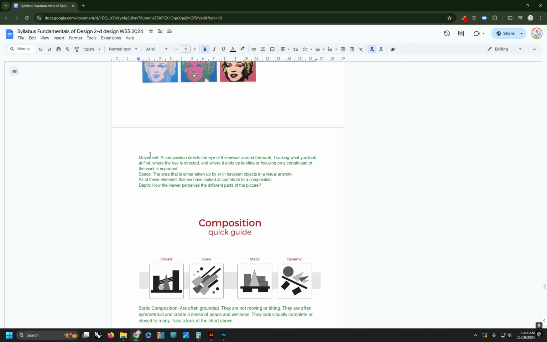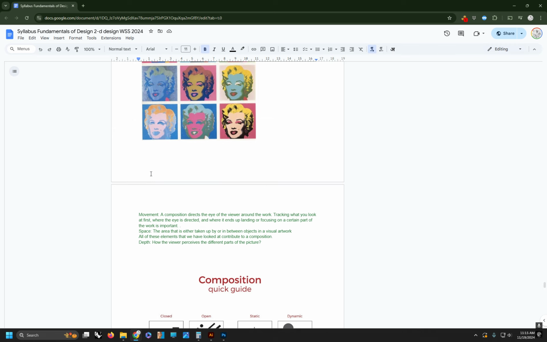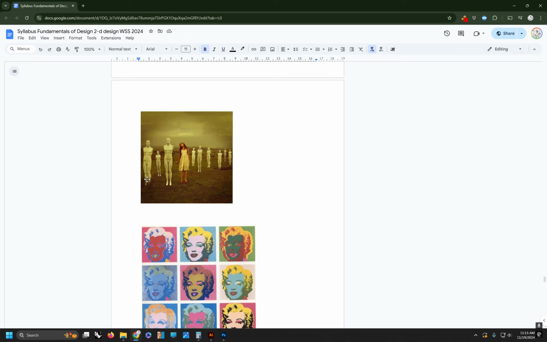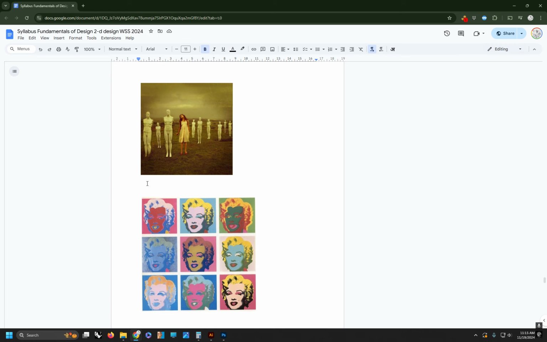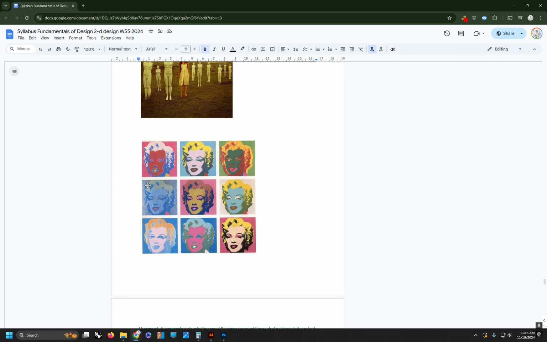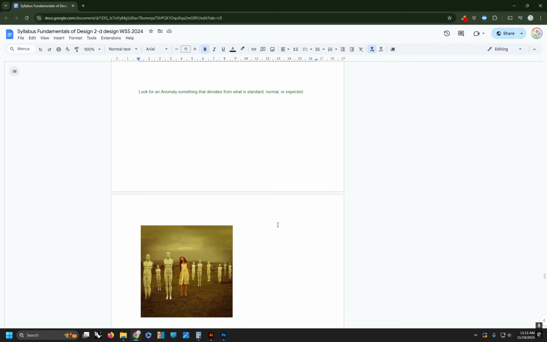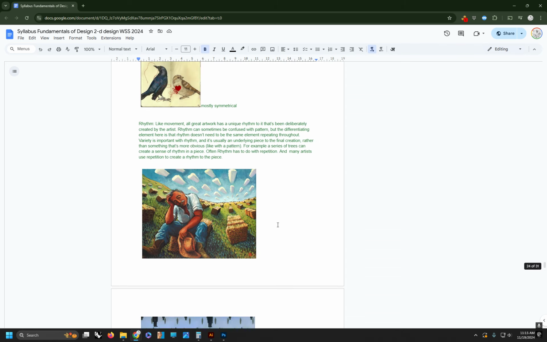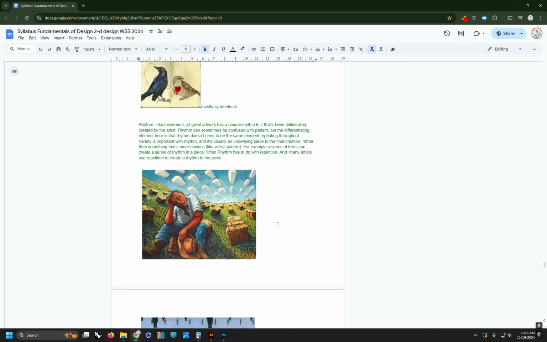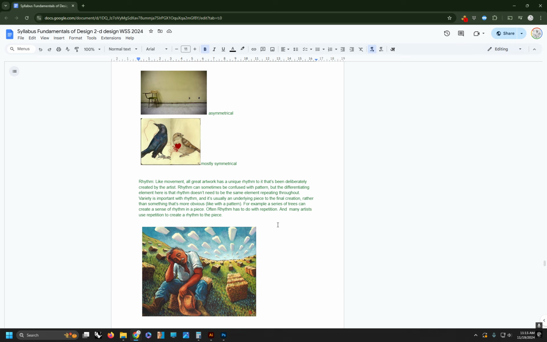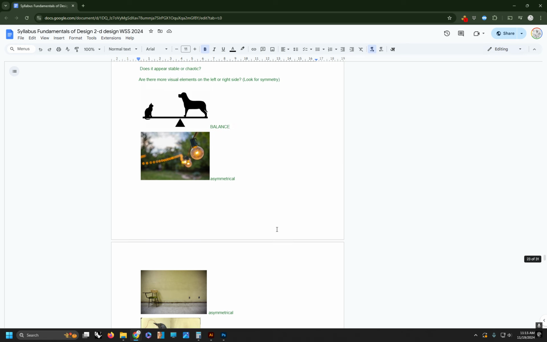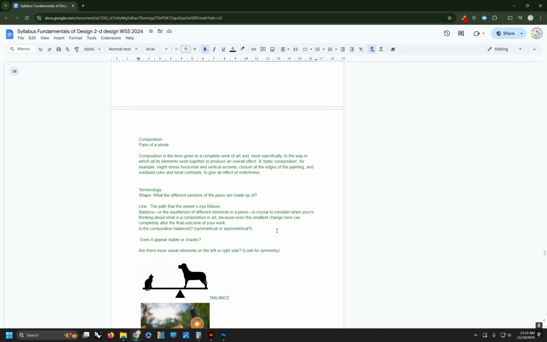Movement. A composition directs the eye of the viewer around the work. So what I would do right here is pause for a second, take a minute, and the terms that we've gone over have been unity and variety, which is what we were just looking at, and rhythm and repetition, and also symmetry and asymmetry.